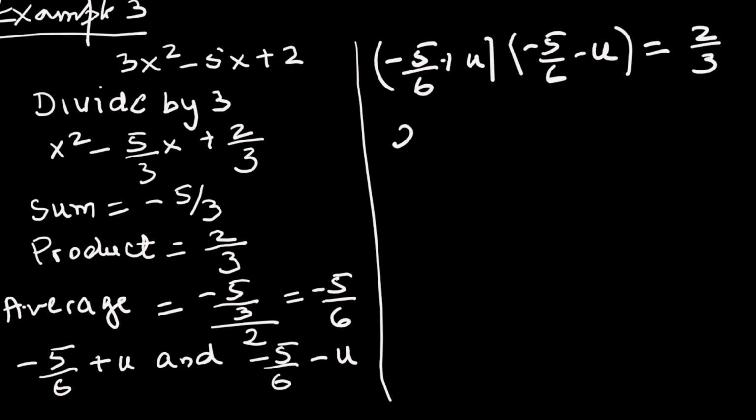That gives 25 over 36 minus u squared equals 2/3.